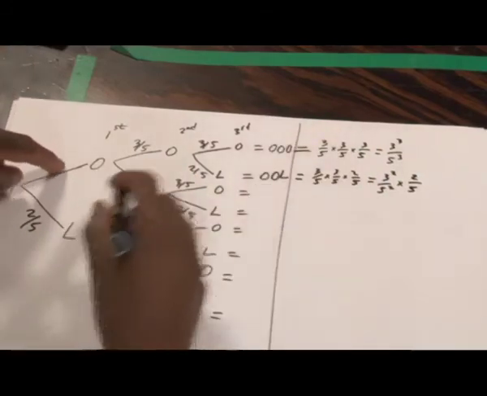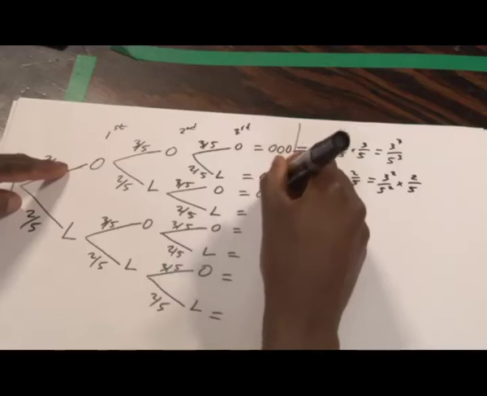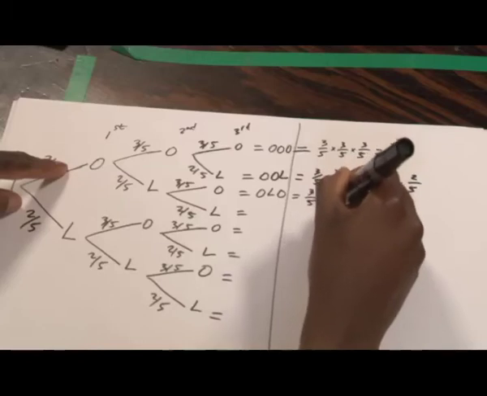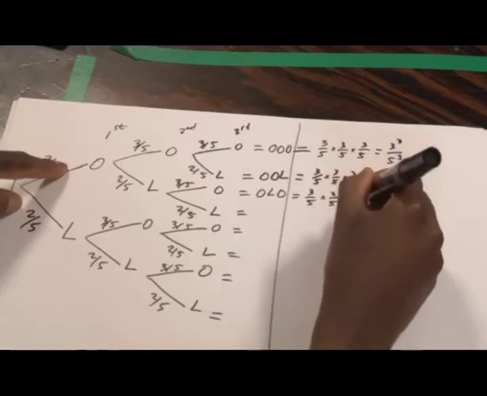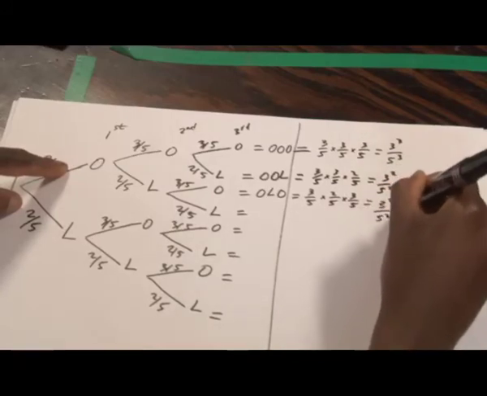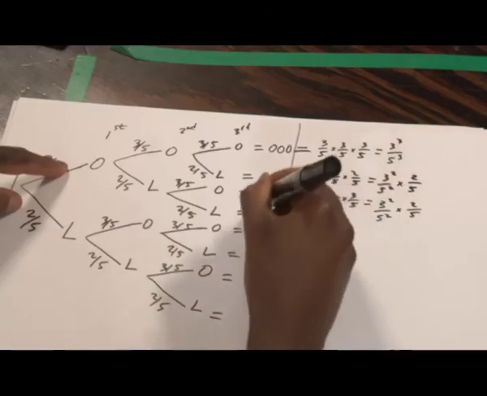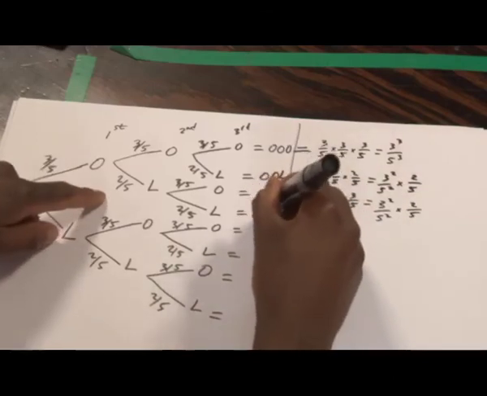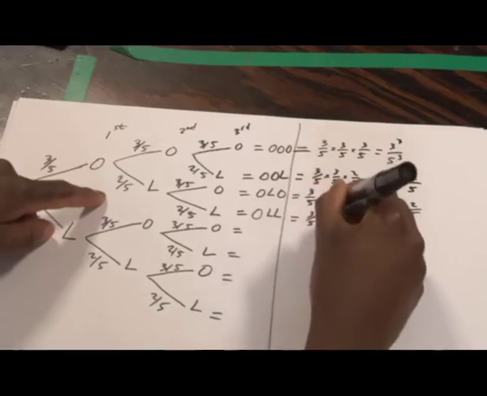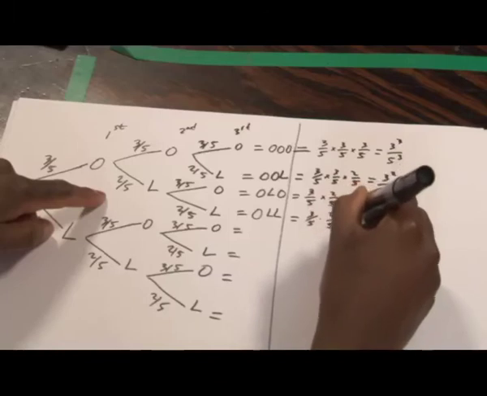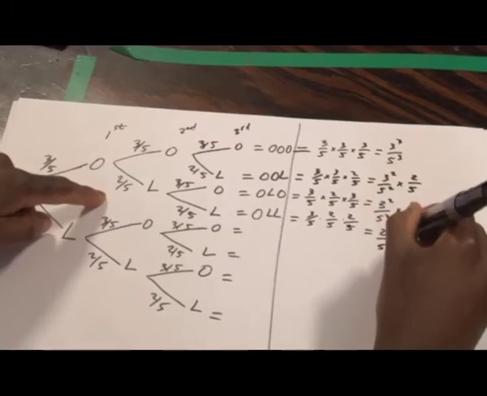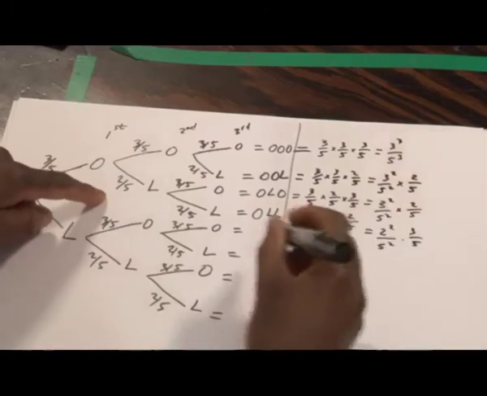Then orange, lemon, orange will be 3 over 5 times 2 over 5 times 3 over 5, which is just the same as that one: 3 to the power 2 over 5 to the power 2 times 2 over 5. Orange, lemon, lemon is 3 over 5 times 2 over 5 times 2 over 5, which can also be 2 to the power 2 over 5 to the power 2 times 3 over 5.